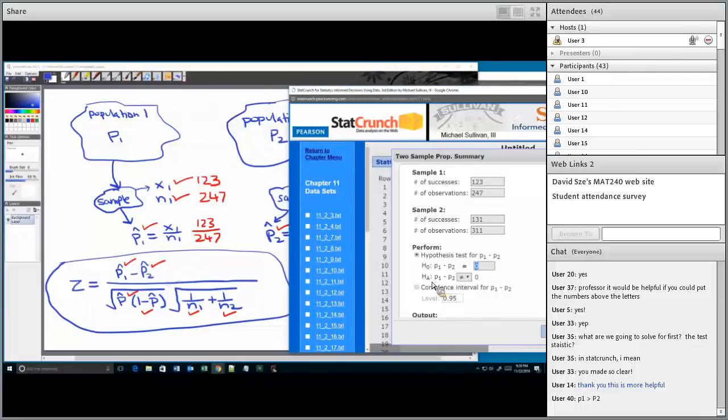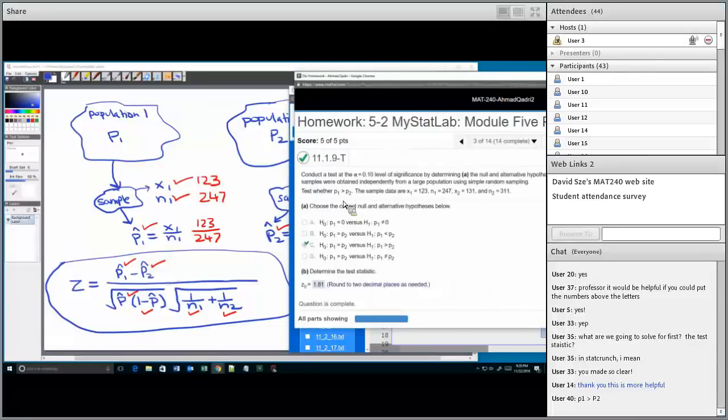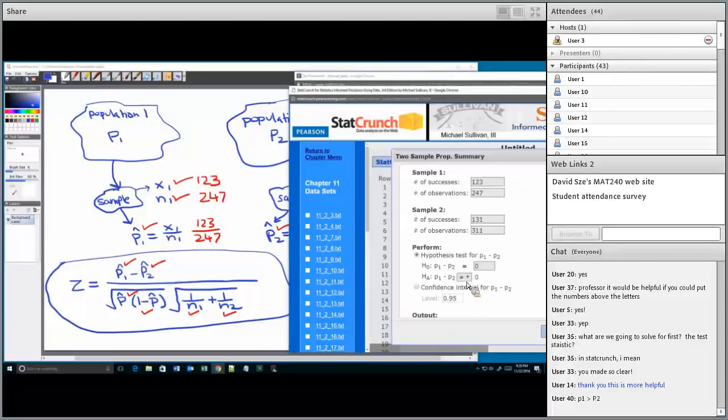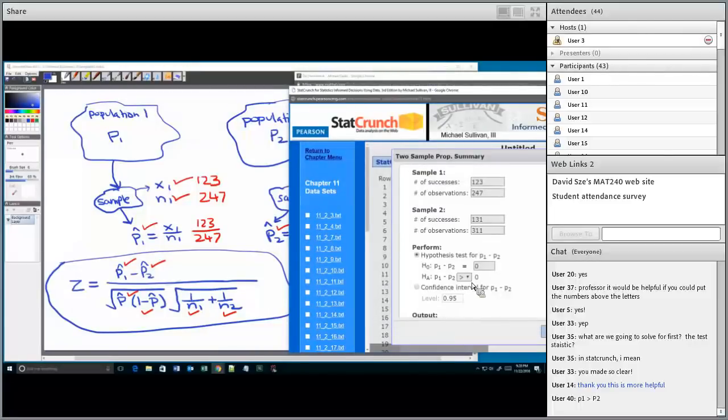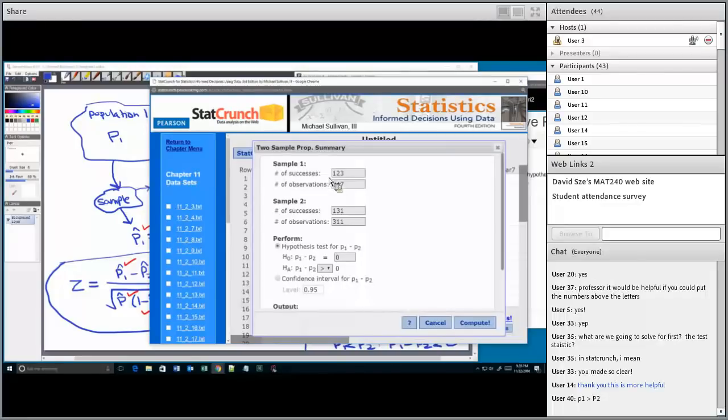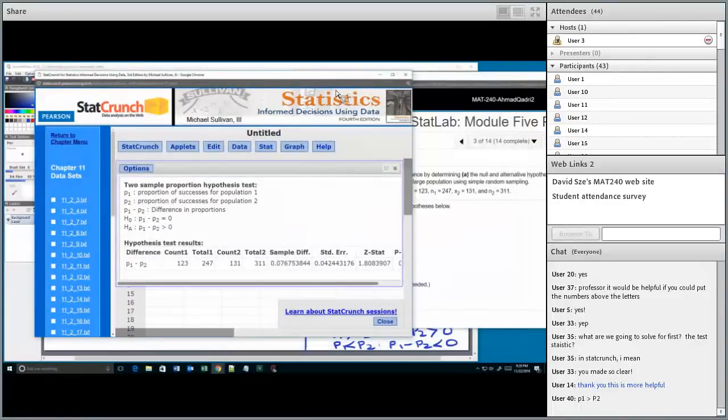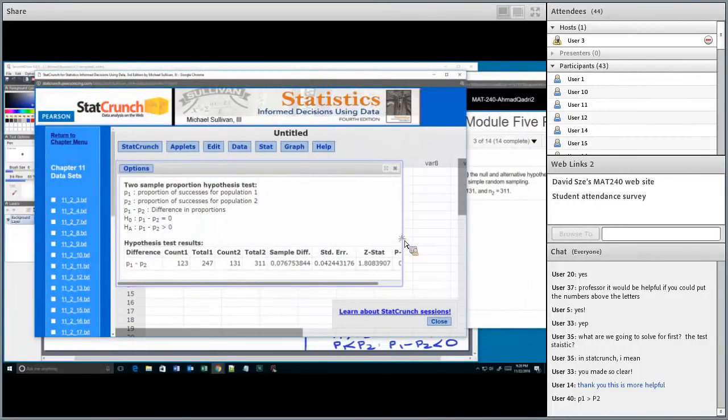Under the alternative hypothesis, remember we want to test P1 is greater than P2, so I will just change this to the greater sign. The easy way to remember this is that whatever sign you see in the problem is the sign you have to put here. That's all you have to do. You plug in the numbers, select the correct hypothesis, click it, and take a look at this.